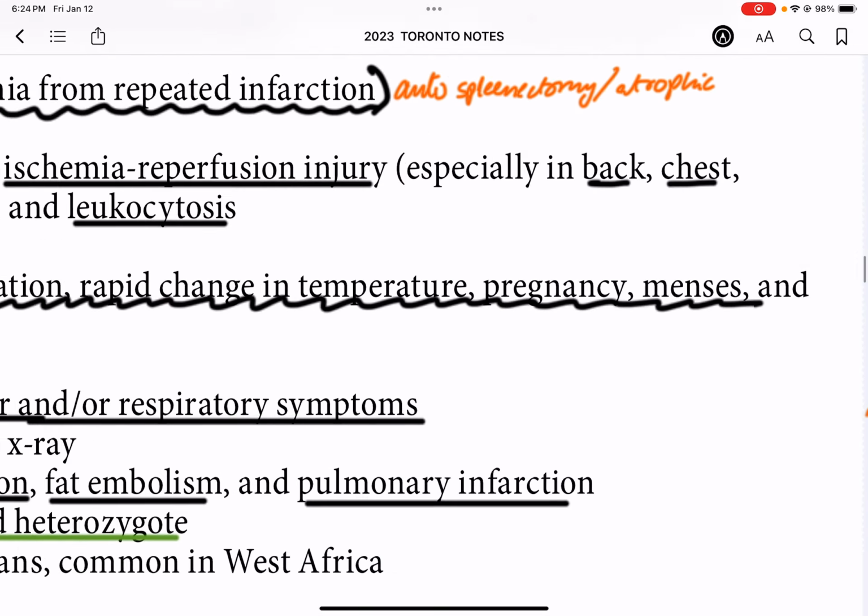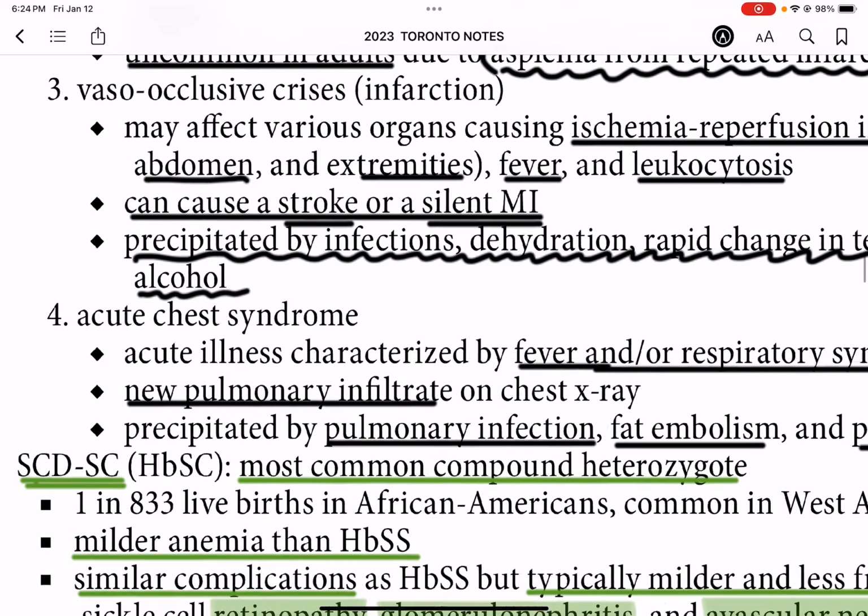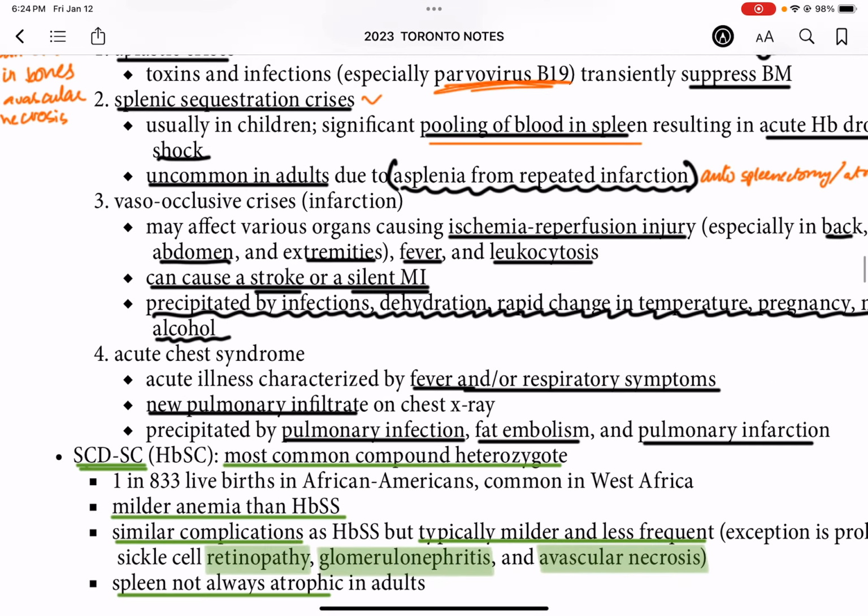It is an acute illness characterized by fever or respiratory symptoms. If we get a chest x-ray, we'll see a new pulmonary infiltrate. This is what we call acute chest syndrome. They will have fever, respiratory symptoms, and a new pulmonary infiltrate.